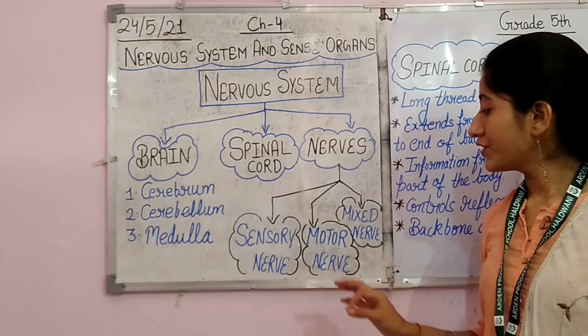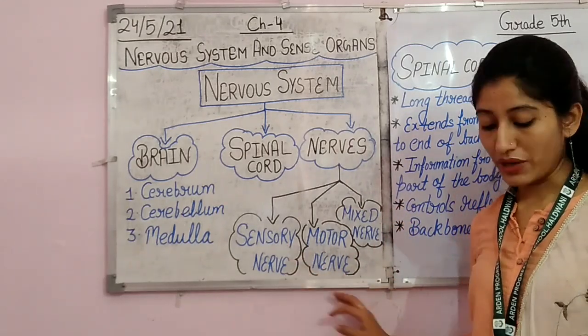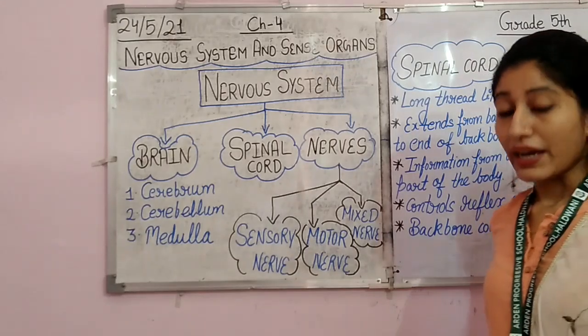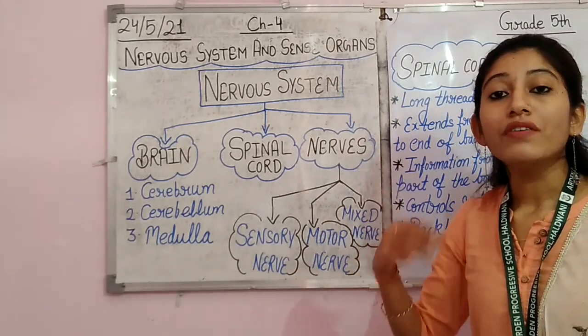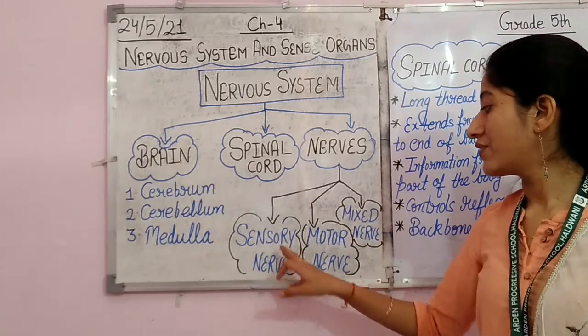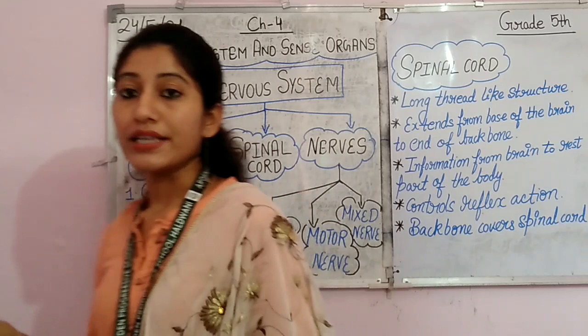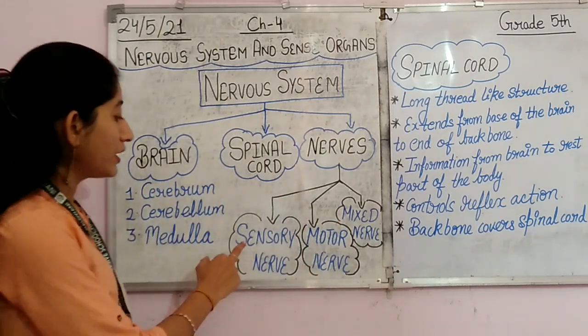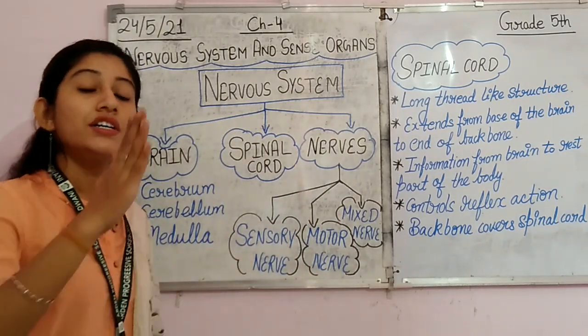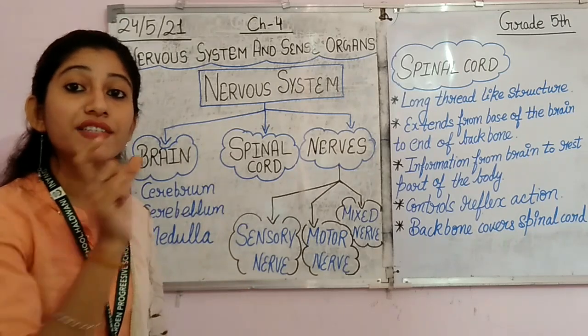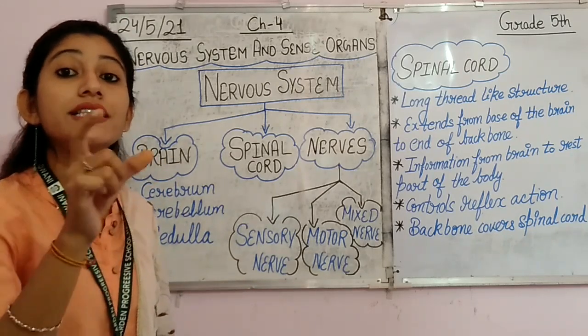When we talk about sensory nerves, students, these nerves connect our brain to our sense organs. Now see, according to the name, it is a sensory nerve. The word sensory tells us about the sense.